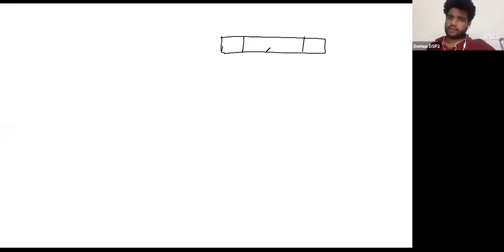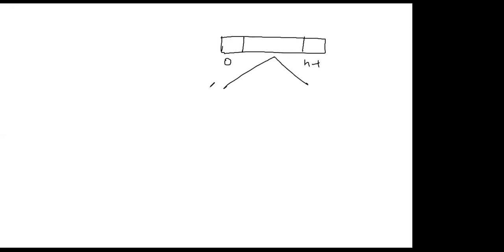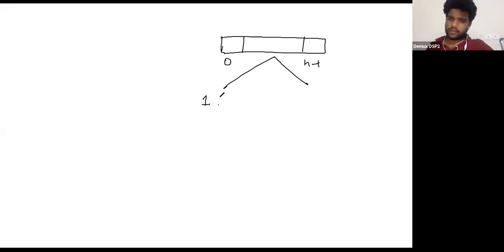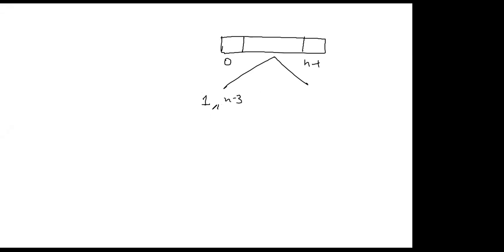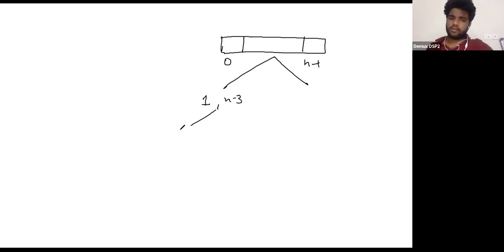When I draw a recursion tree, see if you have 0 to n minus 1, you would have 1 to n minus 3, right? And then when you are doing for 0 to n minus 1, you will have 1 to n minus 1, n minus 3, then you will have 3 to n minus 5, and so on, right?